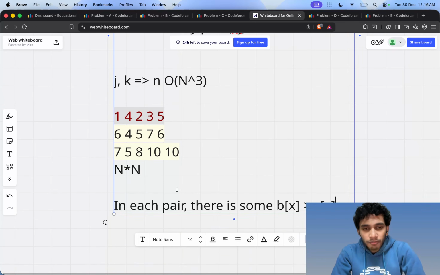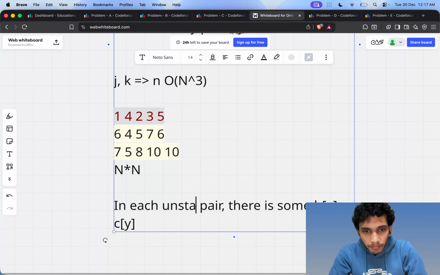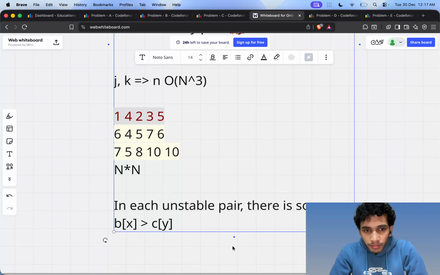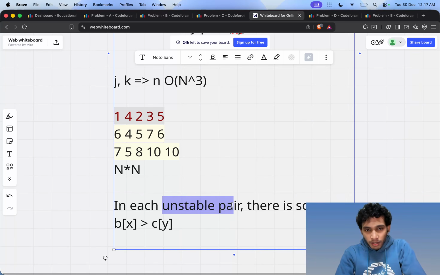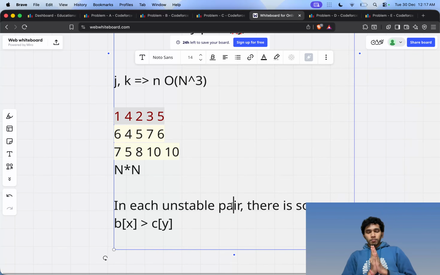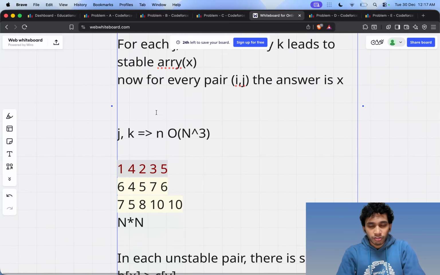So in each unstable pair, there is some bx greater than cy. And the word some means that there can be more than one. So how do we define some unstable pairs? That is, this particular unstable pair will remove these possible scenarios from our choices of pairs.